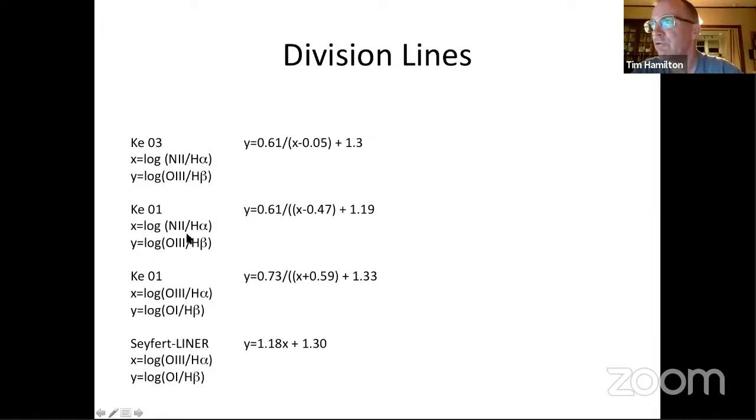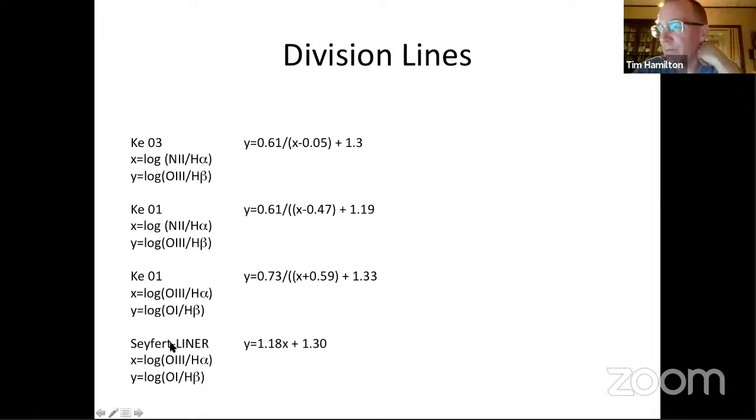So the first two are for plotting that O3 over H beta versus N2 over H alpha plot, and these two lines are going to be drawn on it. KE1 is going to be our line that goes farther up and to the right, and KE3 goes farther down. These two lines separate the regions, and between them are the composite regions. Now, for separating Seyferts and LINERs, we take KE1, but we've got a slightly different equation because it's different variables.